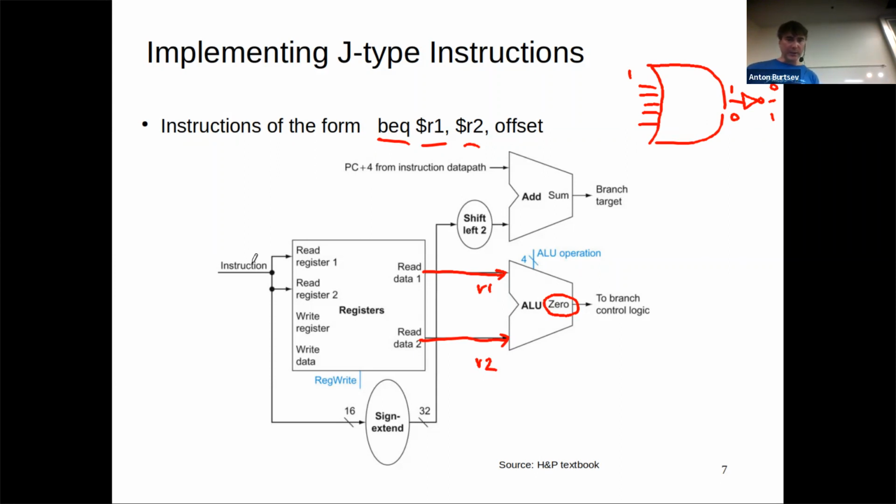What we will do here is take these 16 bits in the instruction, which contain the offset, and sign extend them, because the offset can be negative as well. If it's negative, it will be extended with 1s, and if it's positive, with 0s.